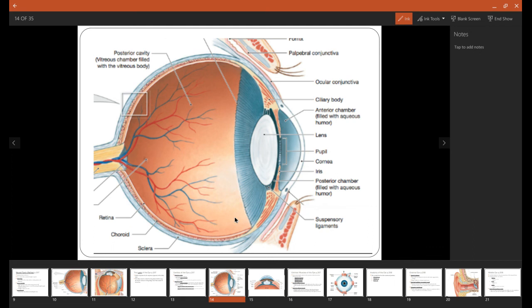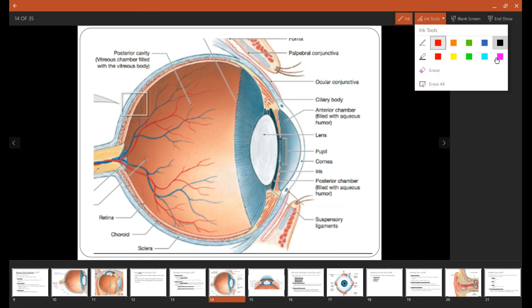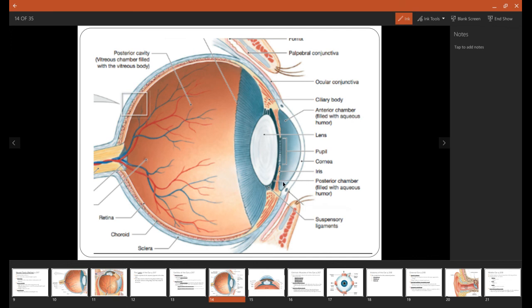So taking a look, again, everything behind the lens here, this is the posterior cavity, which is filled with that vitreous humor. Everything in front is the anterior cavity. And so there are two natural spaces created here. First off, this first one between the iris and the cornea is going to be the anterior chamber of the anterior cavity.